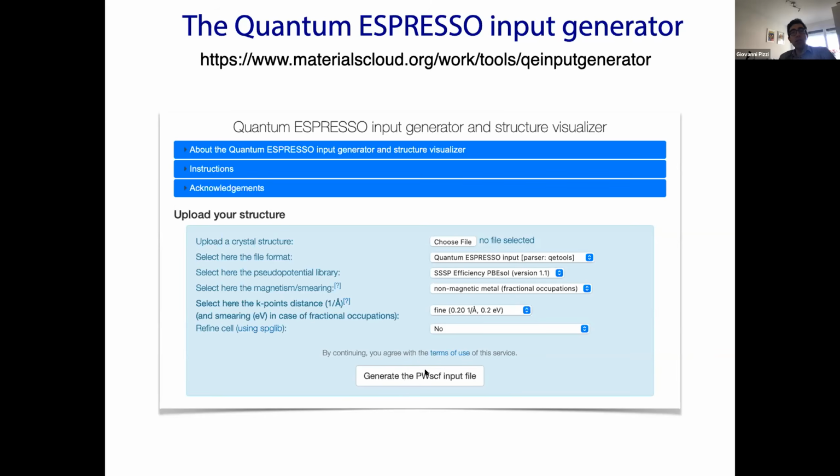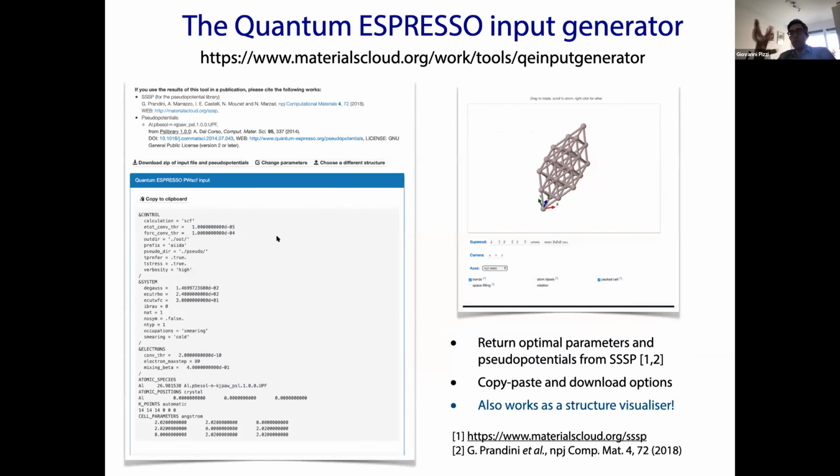Once you click on this button, the code in a fraction of a second will return a full Quantum Espresso input file with all the parameters already set in a kind of optimal way. We cannot promise they are perfect for your calculation. You still have to do convergence, because these are optimal for a simple SCF. If you want to do phonons, maybe you have to increase the parameters. But already they are quite converged, both in terms of cutoffs and k-mesh.